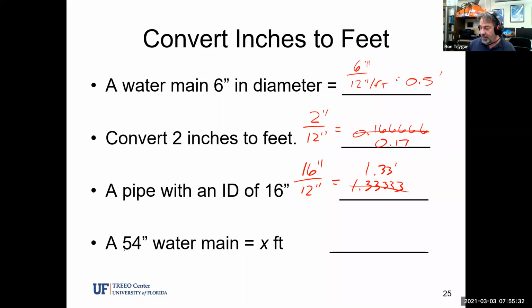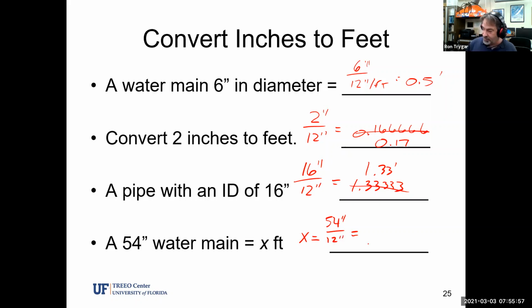And what about this last one? We have a water main that has 54 inches. It says a 54-inch water main equals X feet, X number of feet. So to write this one out the way it's asking, we would say that X equals, using little algebraic terms there. It's the same formula: X equals 54 inches divided by 12 inches per foot.